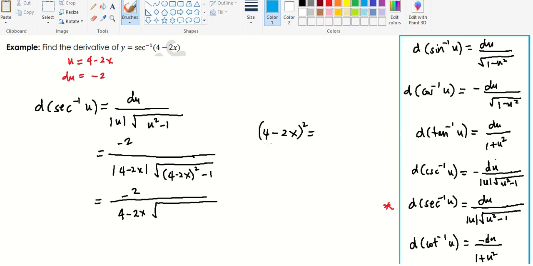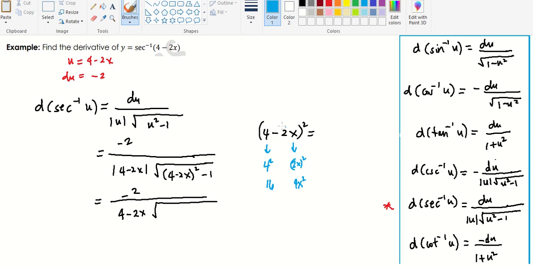So we are going to square the first and the second term. So if we're going to square this one, this would become 4 squared, which is equal to 16. And this would become 2x squared, that would be 4x squared.